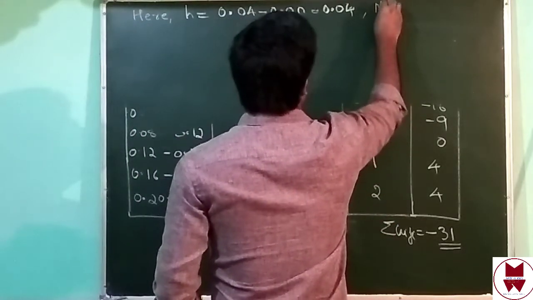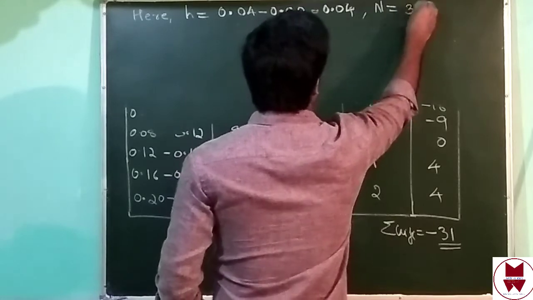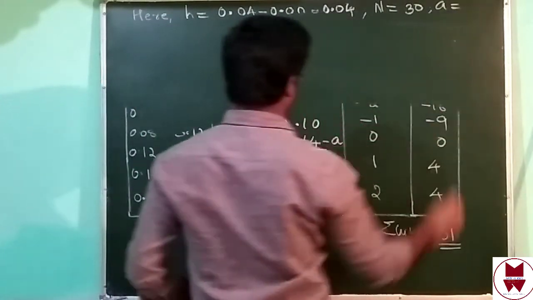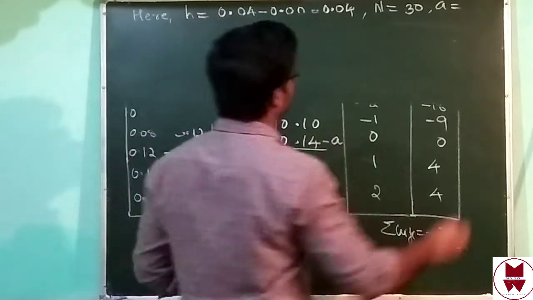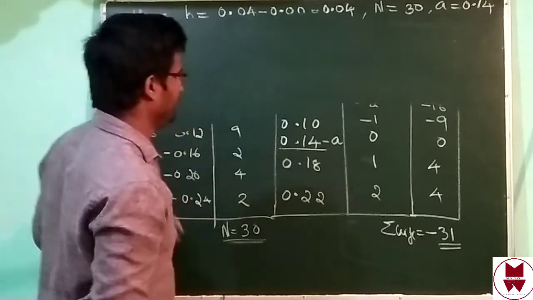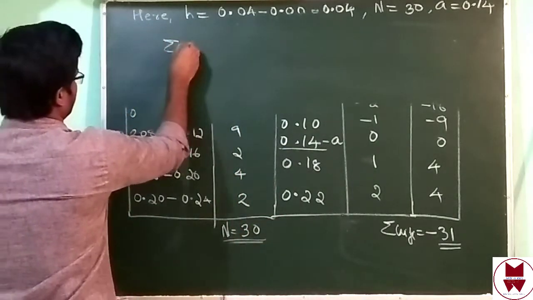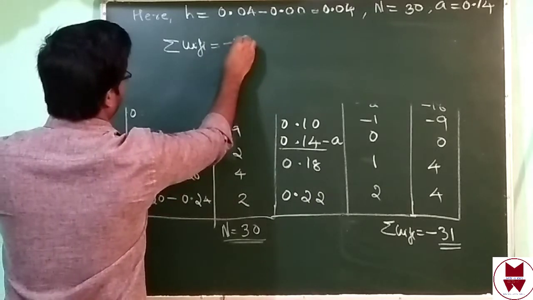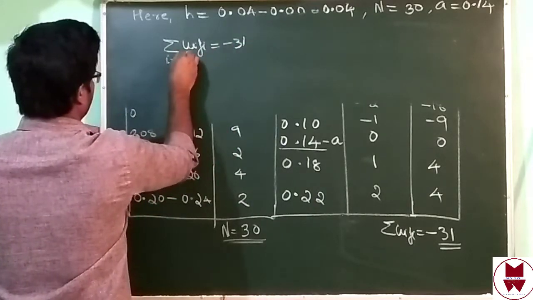Then n equals 30, a equals 0.14, and the sum of ui fi equals minus 31.